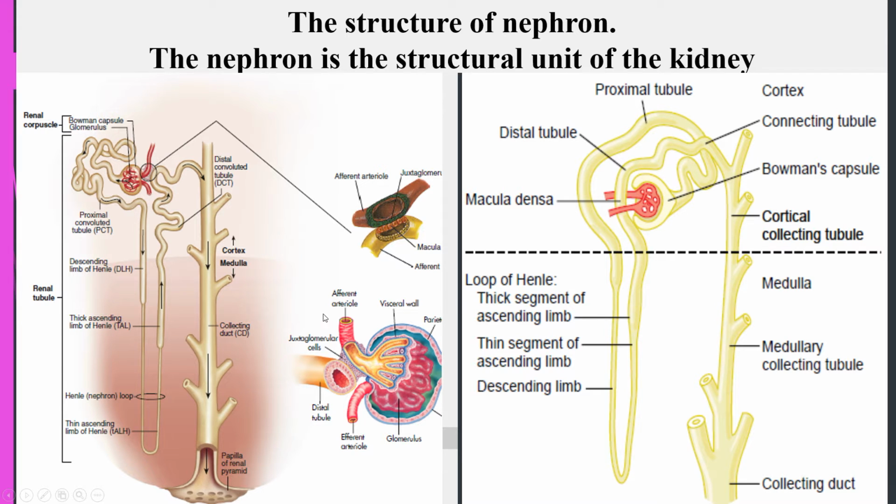And the glomerulus, which is located in the Bowman capsule. This is the proximal tubule and loop of Henle. The loop of Henle has descending and ascending limbs, after which come the distal tubule and connecting tubule.